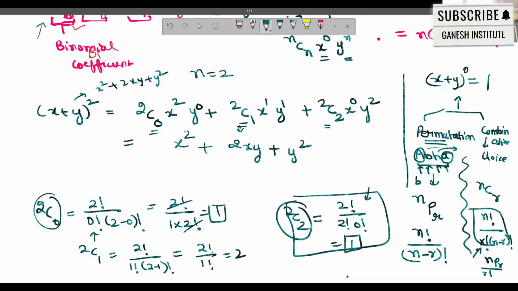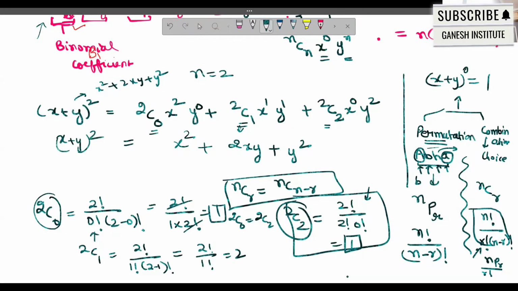That means NCR is actually NCN minus R. This is also the generalization from this. Yes, that is true. So can you see x plus y whole square has become this, which we ideally learn?